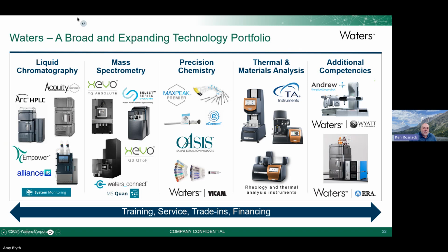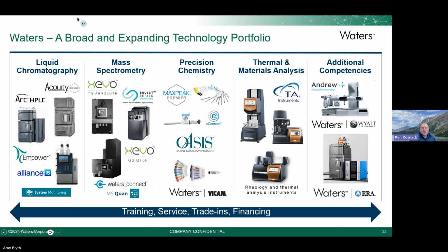So Waters has a broad and expanding technology portfolio. Starting off way back when, we were most known as a liquid chromatography company, and that has come a long way to the point where we now have ultra performance LC instead of HPLC. Still have that too.